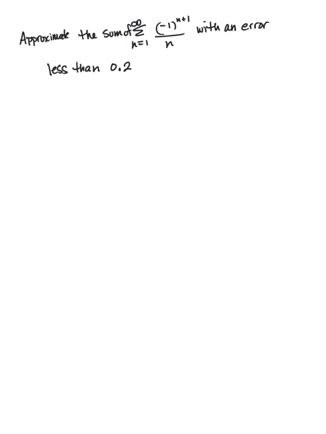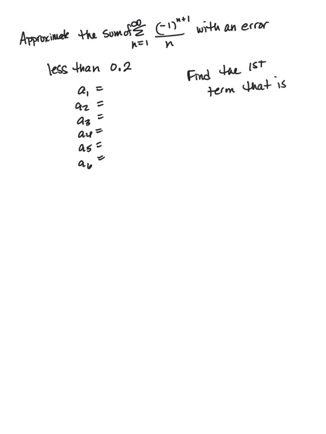What you would do is look at your terms, A1, A2, A3, A4, A5, A6. Here's your goal: find the first term that is less than 0.2.